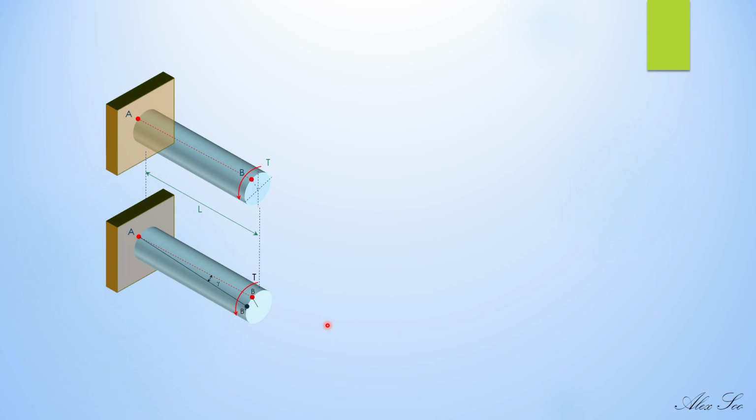At the same time, along the length, it is being angularly twisted by gamma. Here on the surface you have another angular displacement, that is theta.